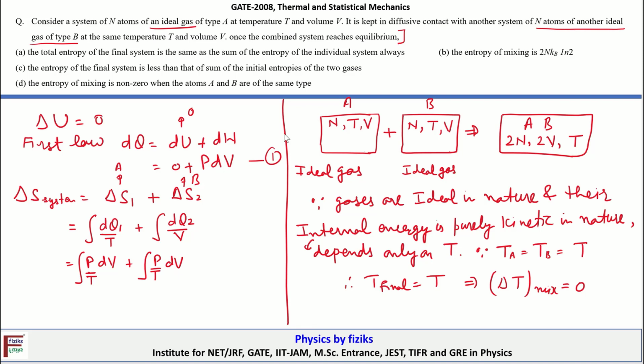Here we will apply the ideal gas equation, because it's given that both of the systems contain ideal gases.